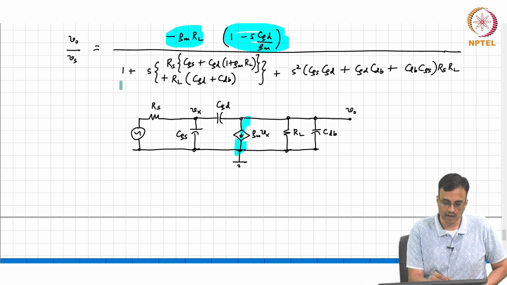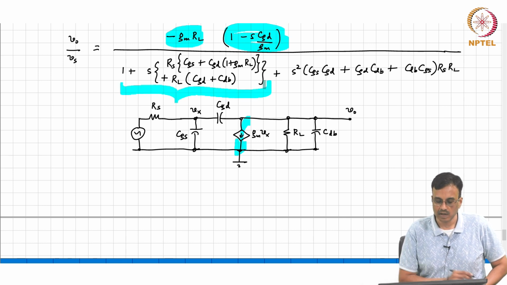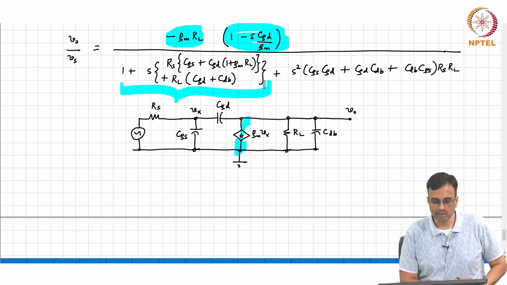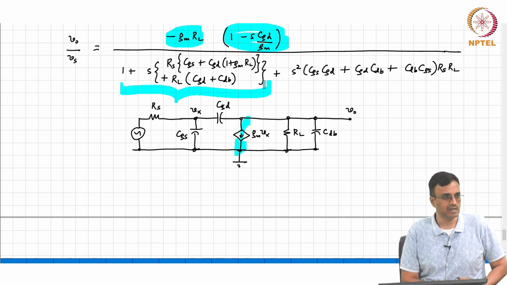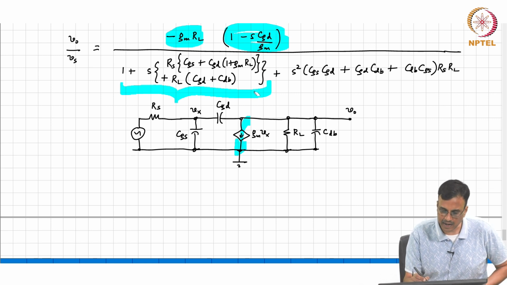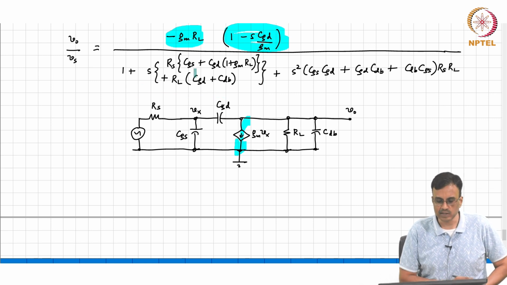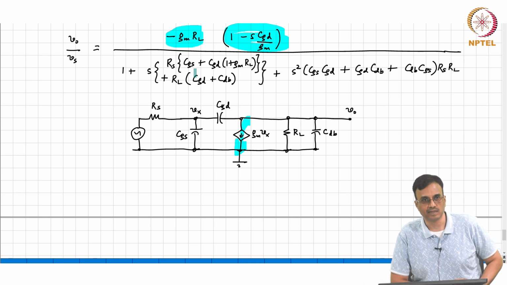So at low frequencies, therefore, the denominator will largely be determined by the constant and the S term, right? But the S square term will only kick in at much higher frequencies, right? So let's now try and see if we can make any sense of why this term is there in the first place, and why it is of the form it is.